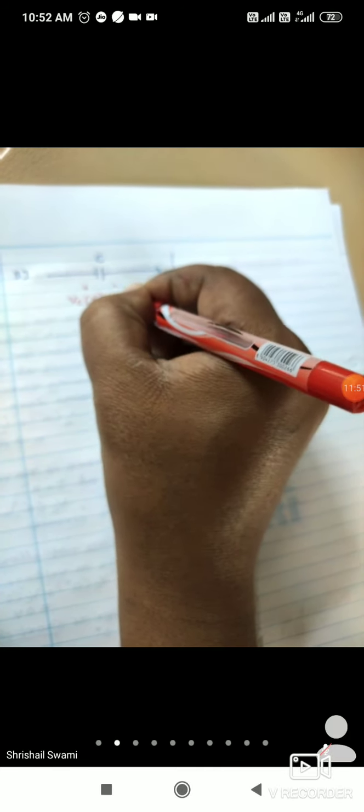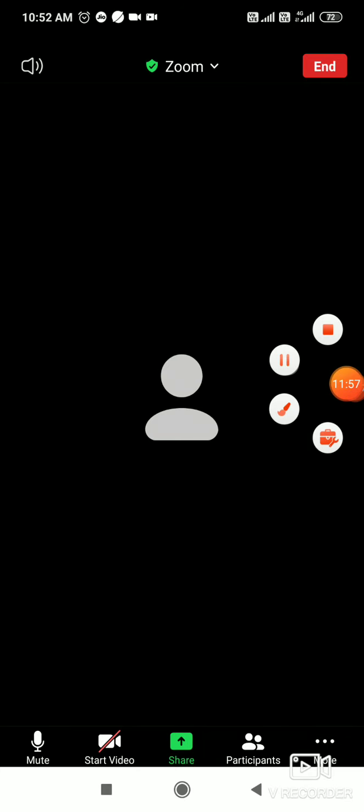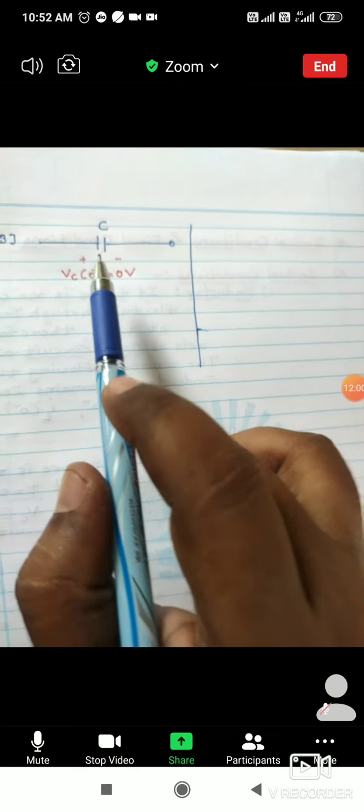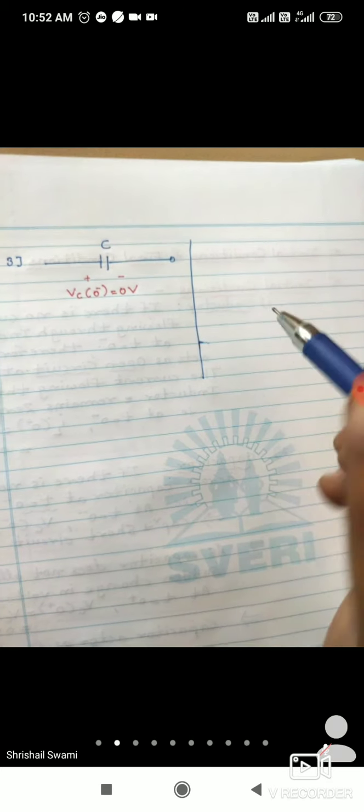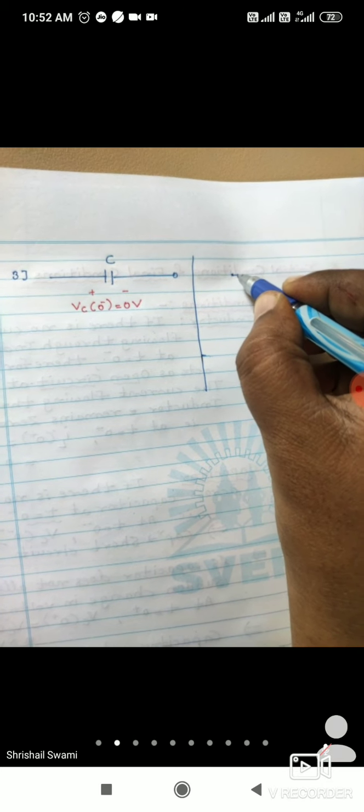if capacitor is there as third part, that is the capacitor C, and suppose the voltage across the capacitor VC of 0 minus is equal to 0 volt. So this is the initial condition. Okay, so initial condition across the capacitor, you can consider that voltage is 0 volt. So what will be the changes in the diagram?